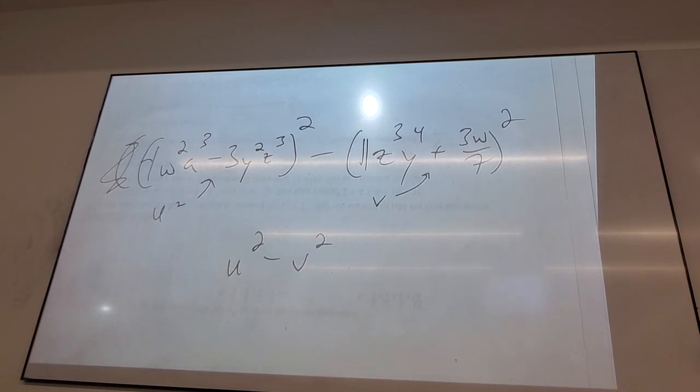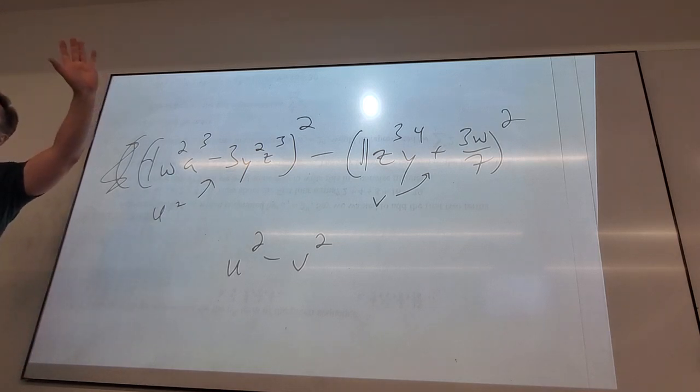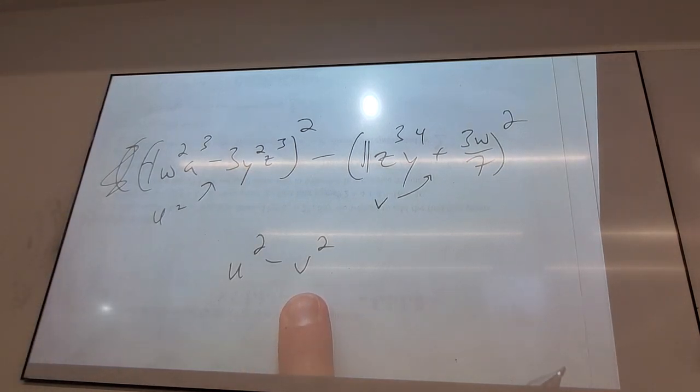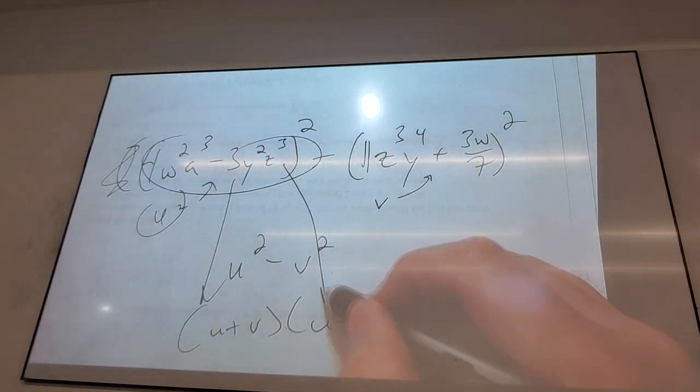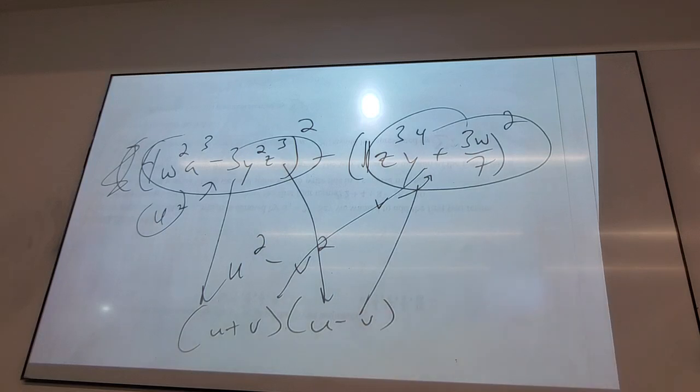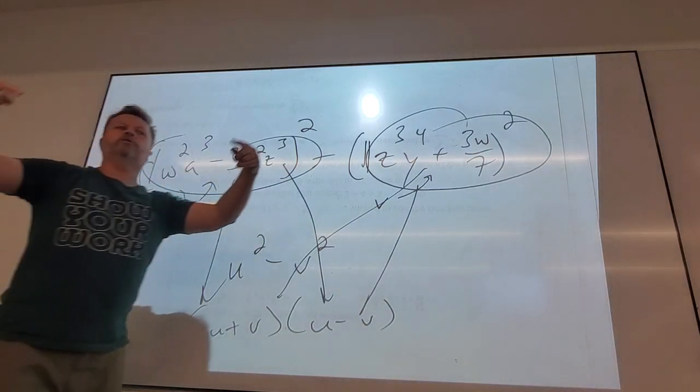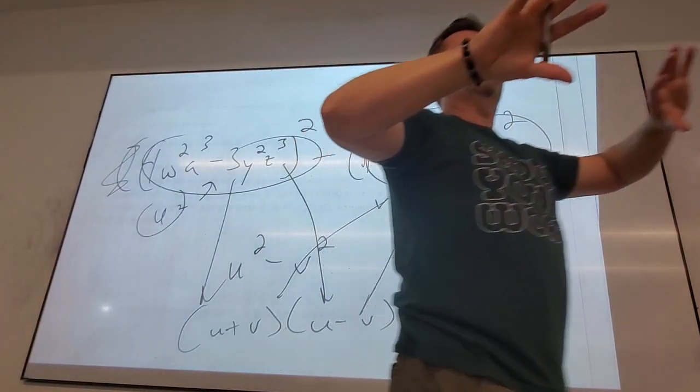All right, so that's something that hopefully you've run into before, where you can replace a disgusting piece because you want to see the form better. Now that I've done that, I see the form better. And this, of course, is (u plus v)(u minus v). And now you just replace u there and there, you replace v there, and then you're done. So you can work with the form and bring the details back in later.